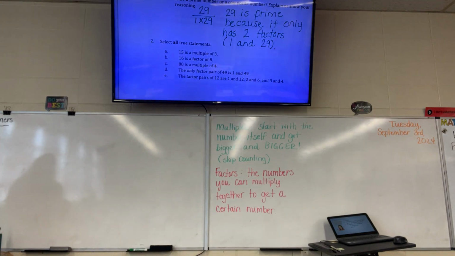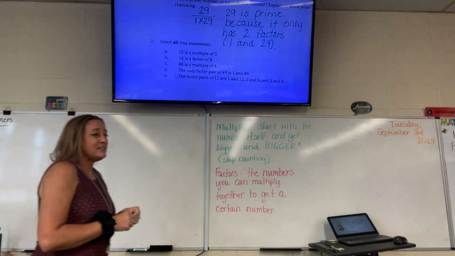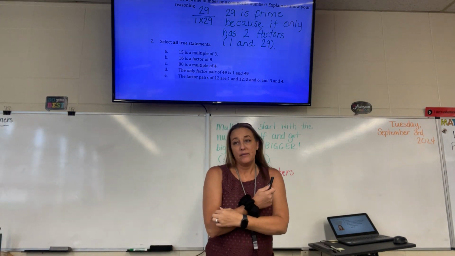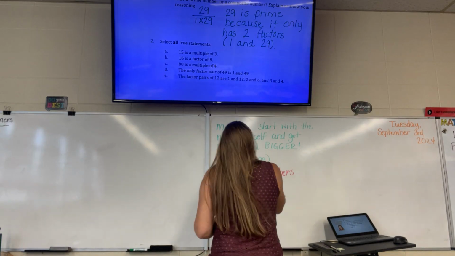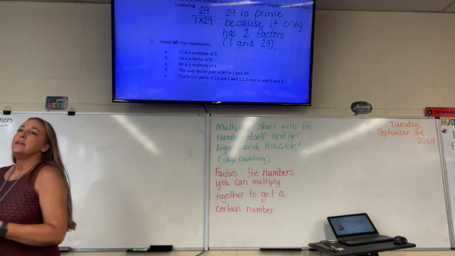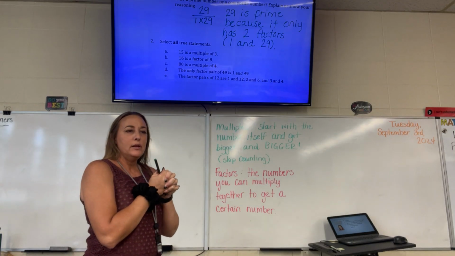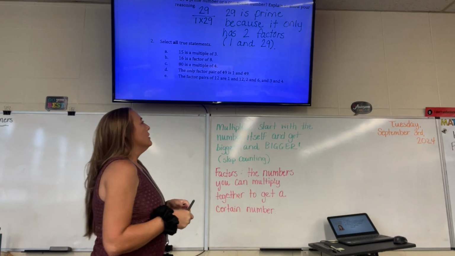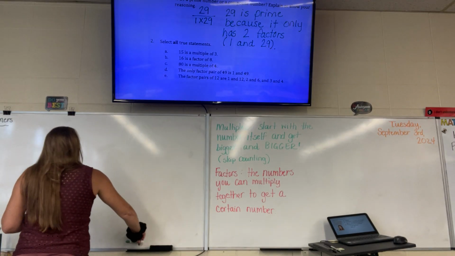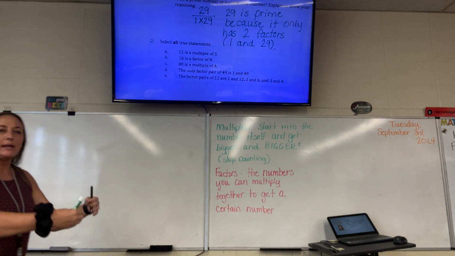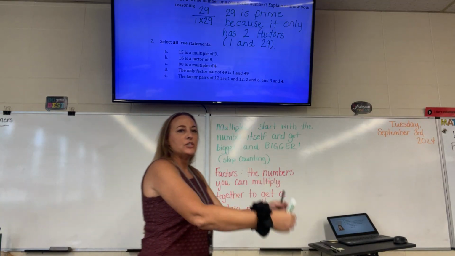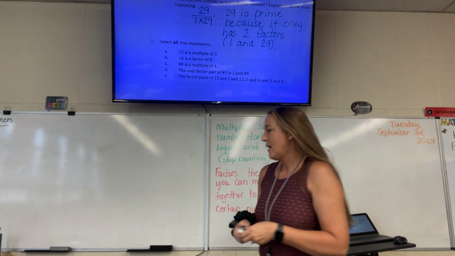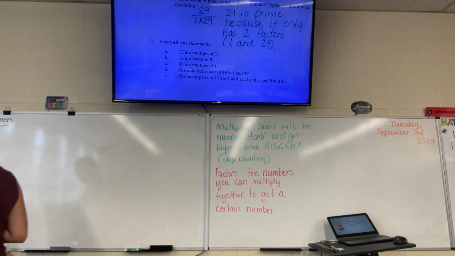On question 2, there are 5 problems, and it says select all the true statements. That means you're probably going to select more than one. The first one says 15 is a multiple of 3. If we are counting by threes, will we eventually say 15? 3 times 5.